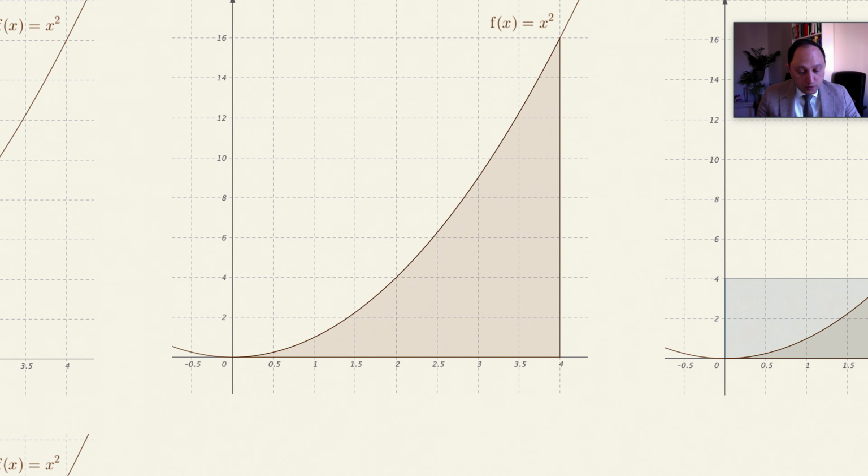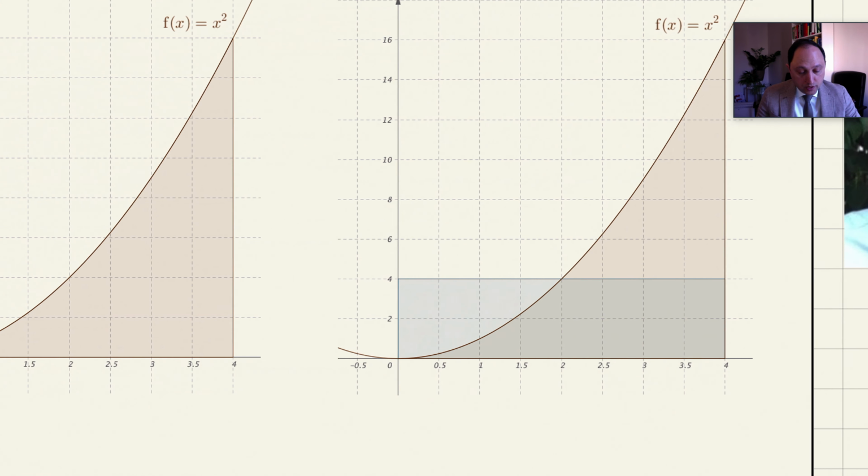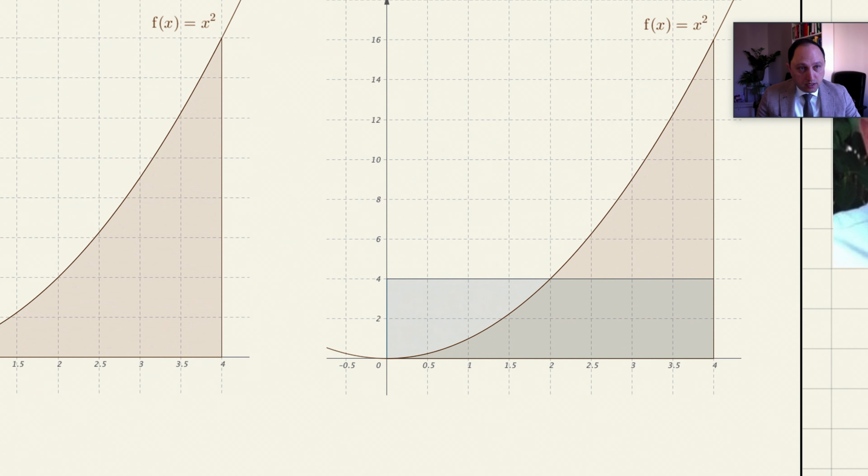So what we want to do, let me try to convince you of the method. Here, you take first this interval from 0 to 4, and find the midpoint. The midpoint is 2, and then go up until you hit the curve, and then complete the rectangle here.